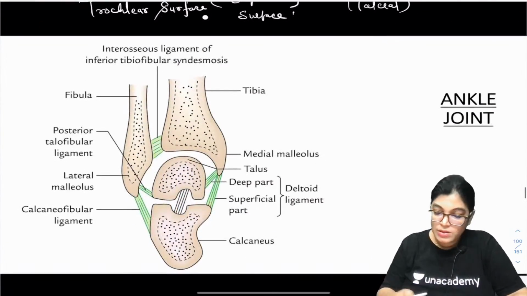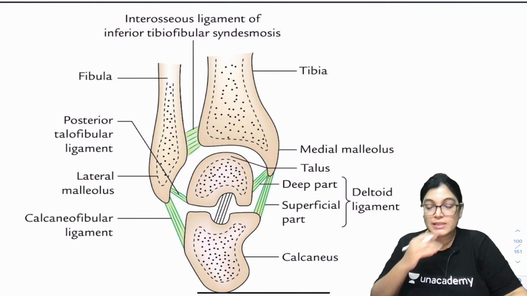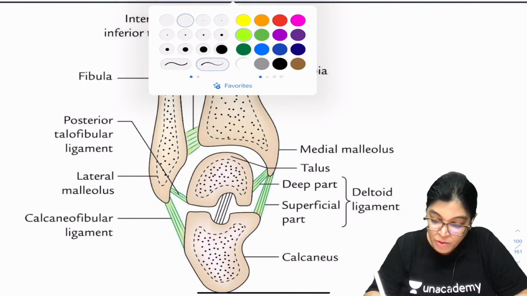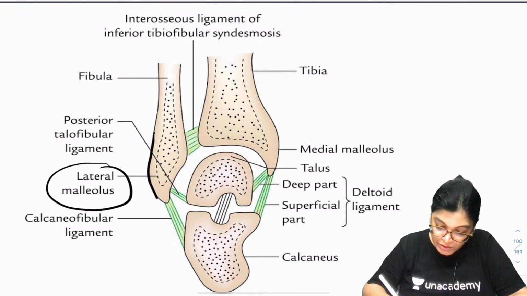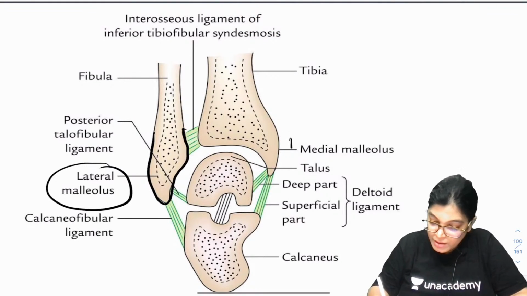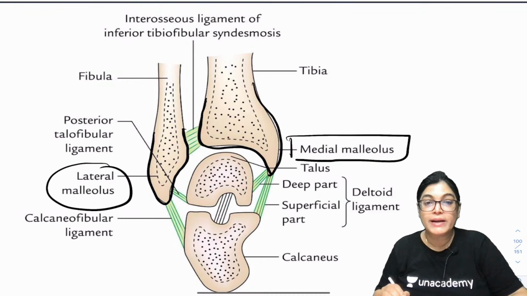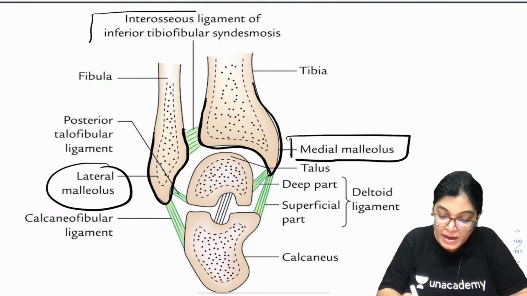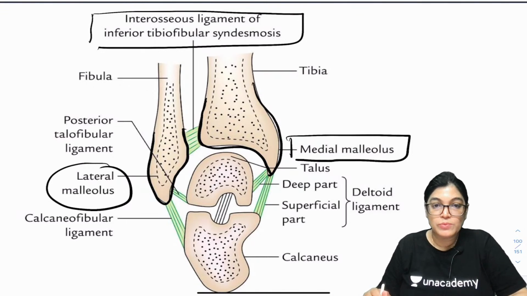Now the same thing I want to show you in a different diagram which will be better understandable to you. Now see the proximal articulating surface, the lateral malleolus, the lower end of the fibula, the medial malleolus, the lower end of the tibia, and what I told you, these two lower ends of tibia and fibula are connected by the inferior transverse tibiofibular ligament.